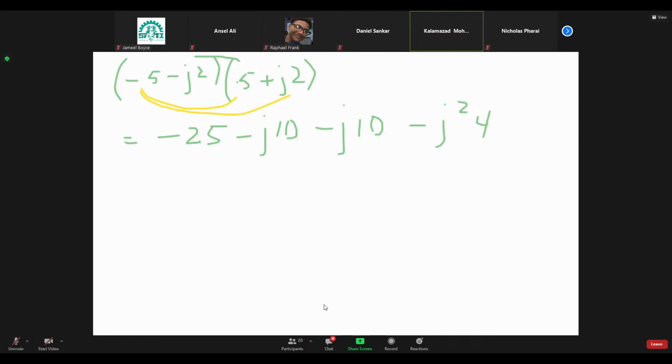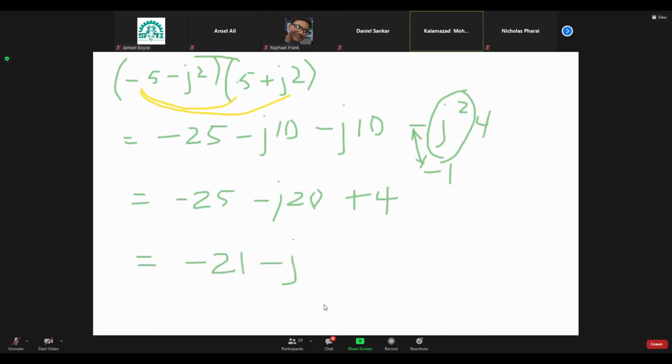So that's going to give us minus 25 minus j20 plus 4. Again, j squared is minus 1, and the minus by this minus here will give us plus. So our answer becomes minus 21 minus j20.